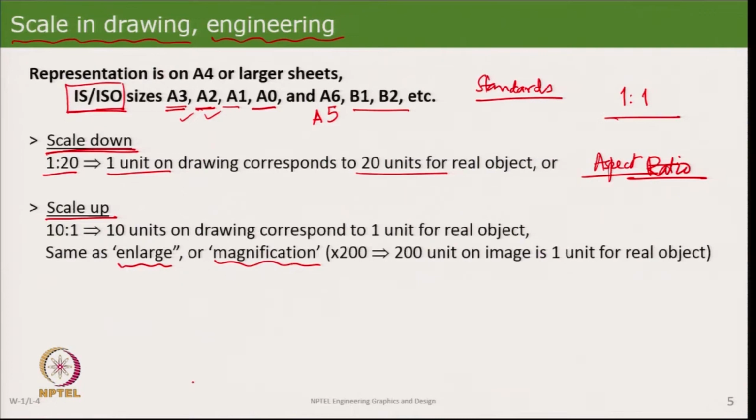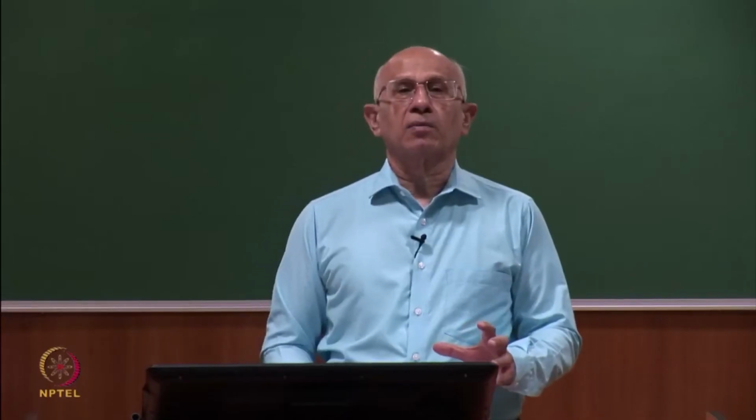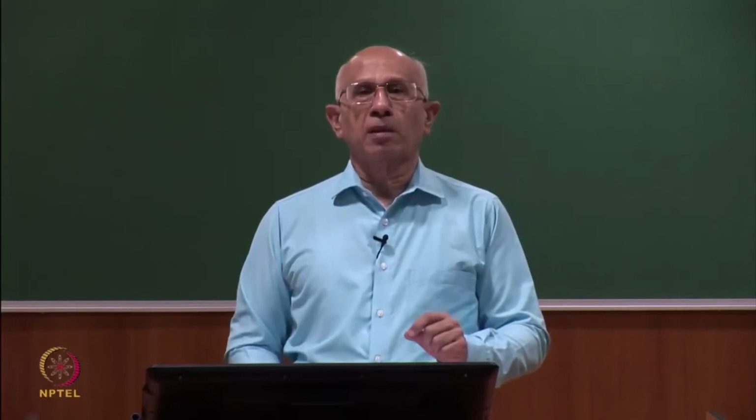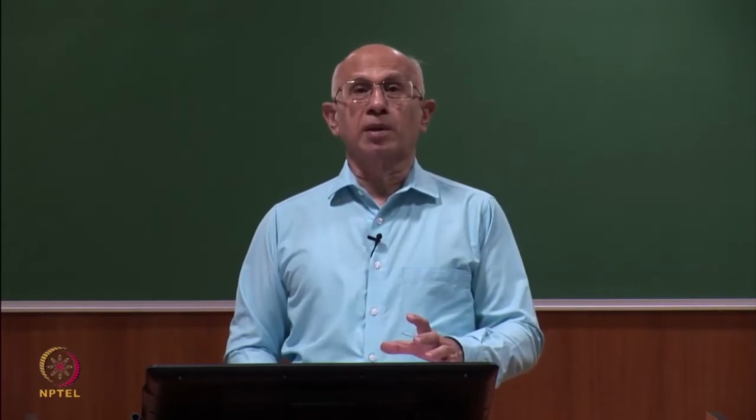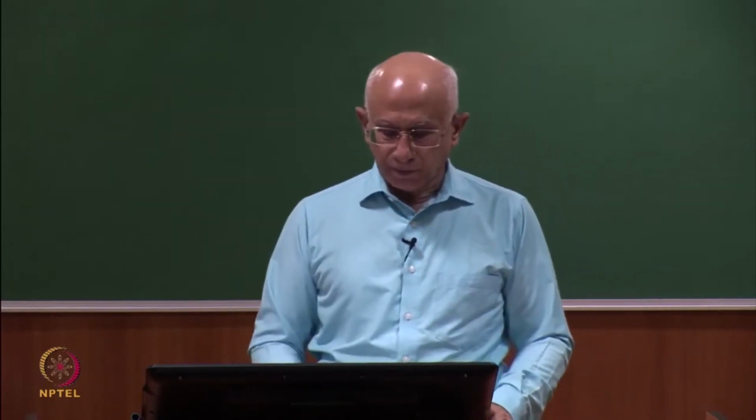Here we are blowing it up. So, x 200 means that 200 units on the image is 1 unit on the real object. So, what you have done is magnified it. The actual length may be say 20 micrometers, but we have drawn it as 20 millimeters. That is scale up.